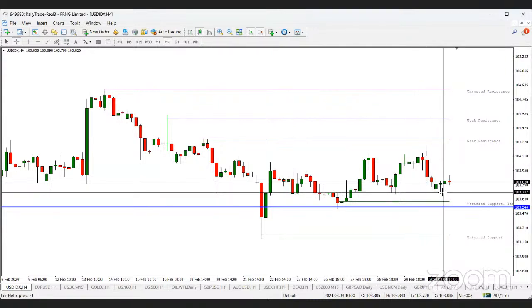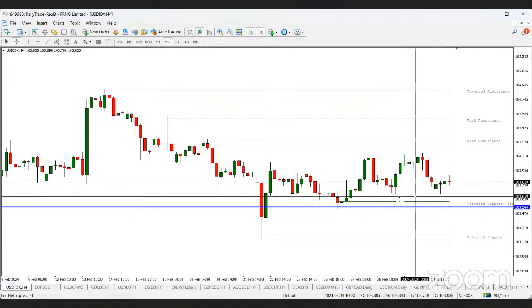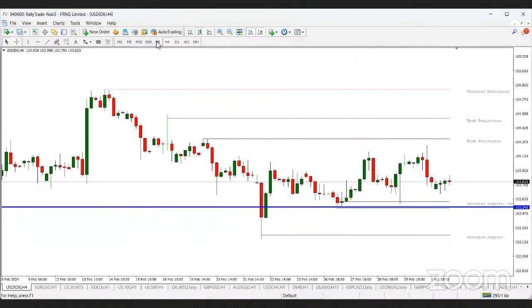From there, we can see the dollar has made a hammer even on the 4 hour, to show that we might be getting some level of rejection or retracement in this market.